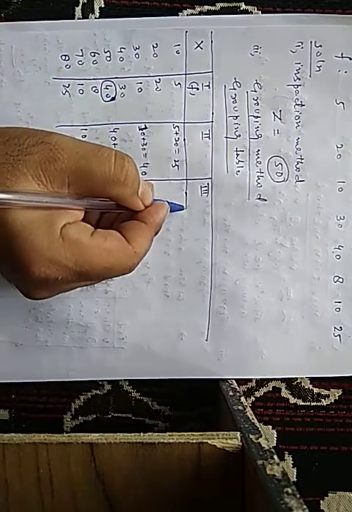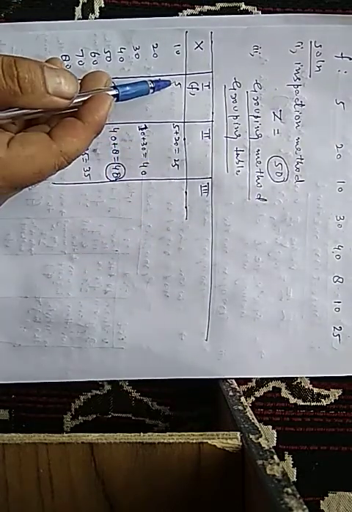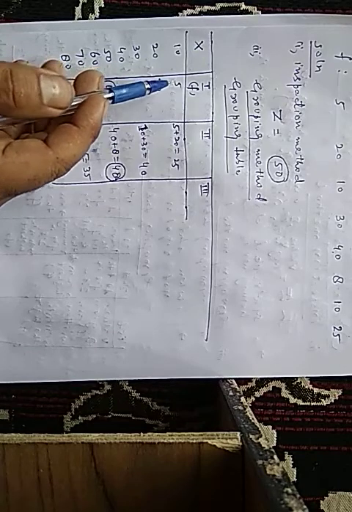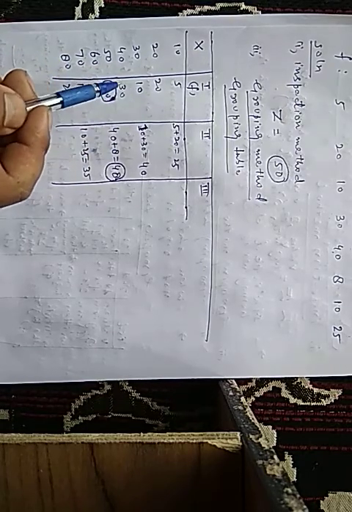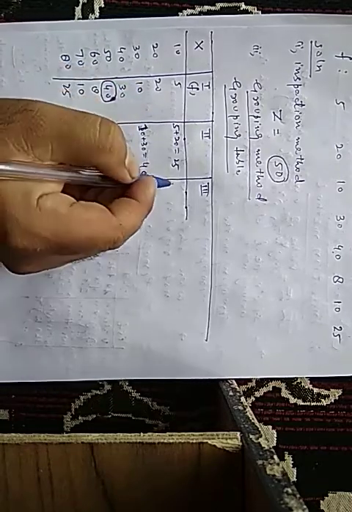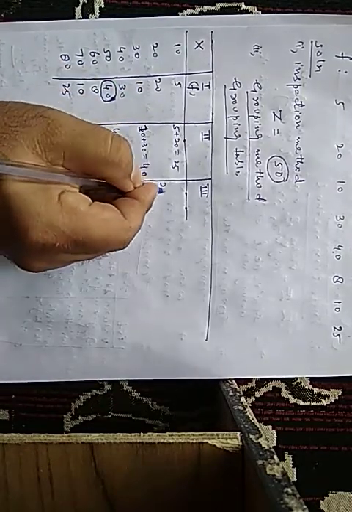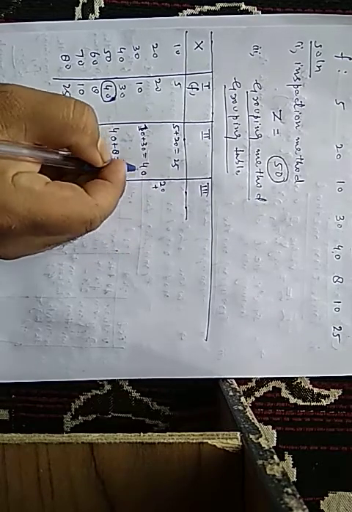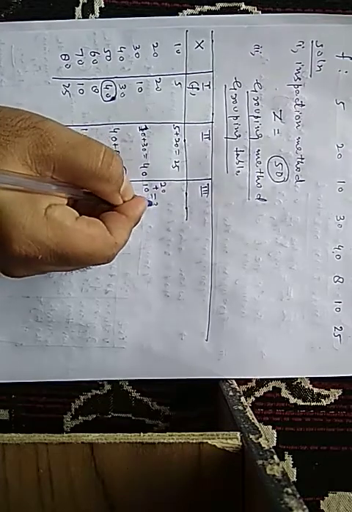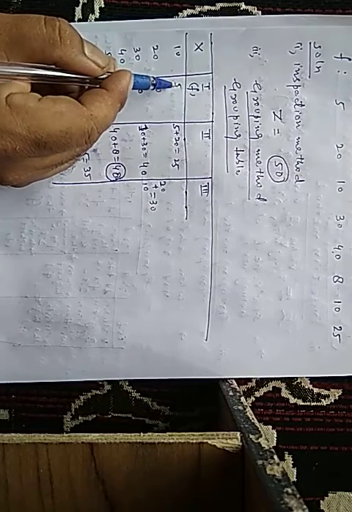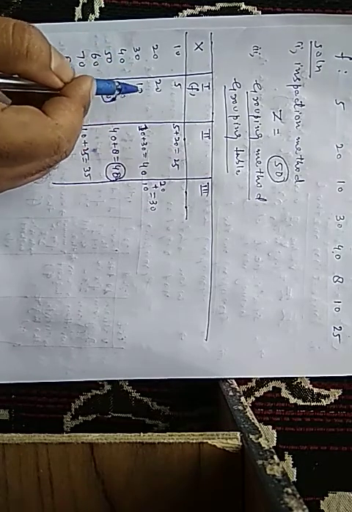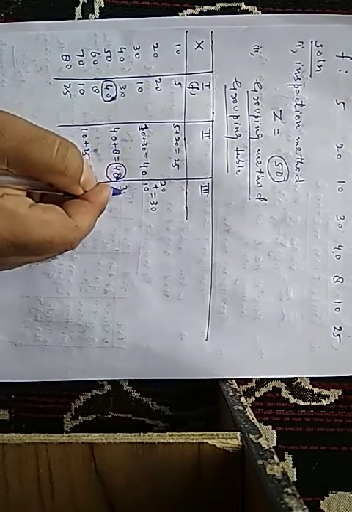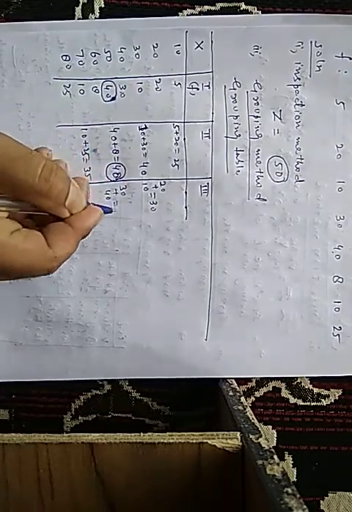And in the third column we have to leave out the first frequency. After leaving the first frequency, we have to add the frequencies in twos. It will be equal to 20 plus 10, which is 30. Then 30 plus 40, it will be equal to 70.